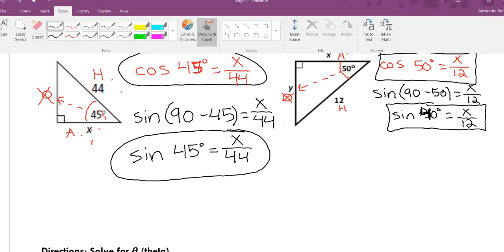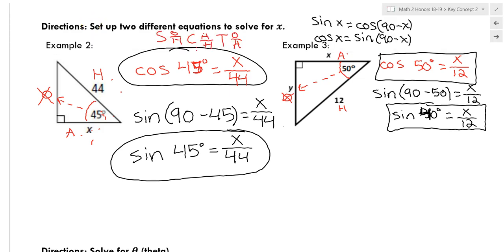Now if I want to do it for y, same hypotenuse, same sides, but now I don't care about x, right? So if I'm setting up an equation for y, I'm using sine. So sine of 50 degrees equals opposite over hypotenuse, y over 12. Easy. That's my first equation.